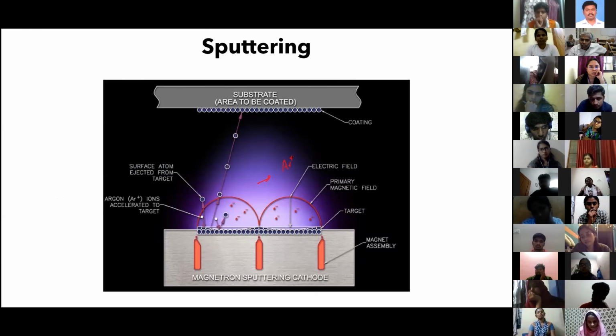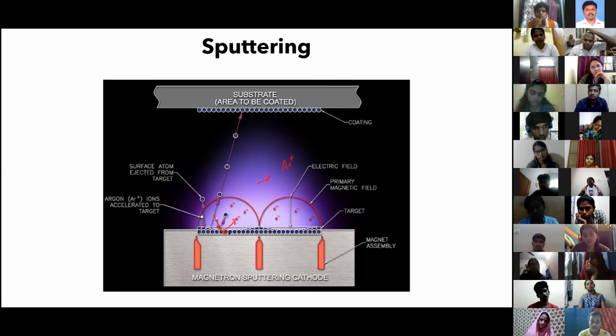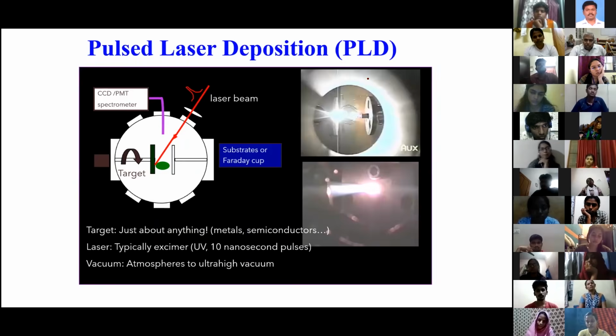So this argon is positively charged. These ions will be accelerated towards the target with a high energy, and then the argon ion hits it and physically removes material, like you throw a ball at something, the ball will go and physically remove the material atom by atom. Okay, so the target atoms will get out of this and go and deposit on a substrate. This is called a sputtering technique. Okay, it can be RF or DC, but that is used to coat the materials.